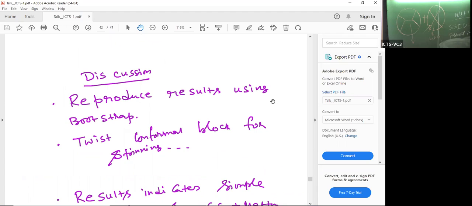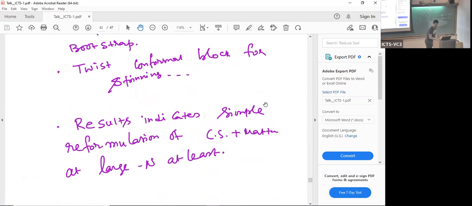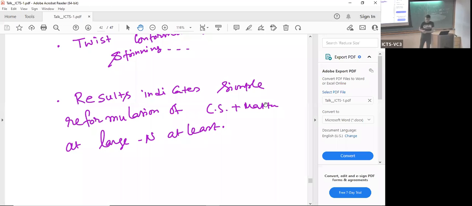As I said, reproducing this result using bootstrap, twist conformal blocks for spinning, etc., will be an excellent thing to do. We are trying to think about these things right now, but very slowly. There's one more very important thing: the results indicate that there has to be some simple reformulation of Chern-Simons matter theory at large N. This also connects to what Naveen and Siraj did.